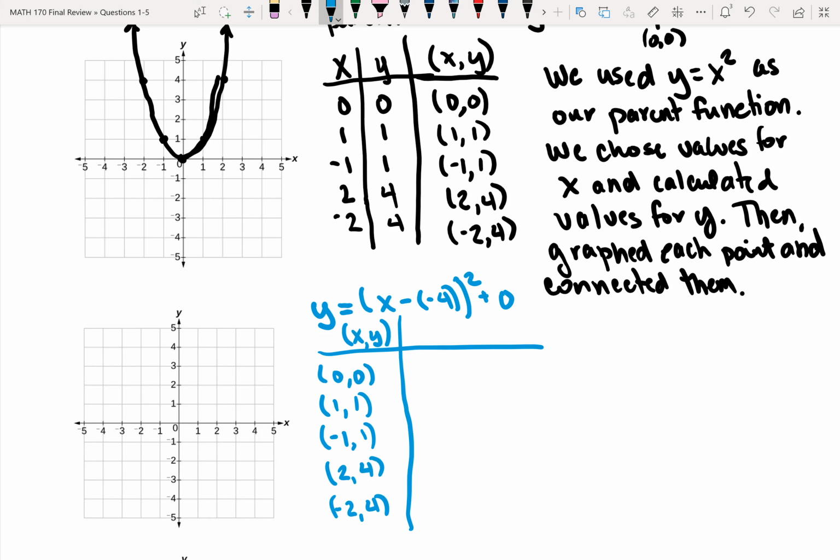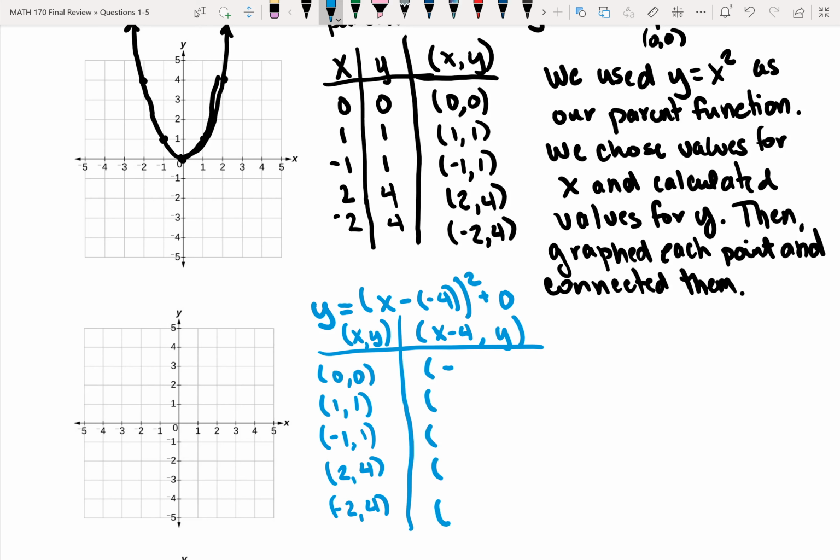Okay, we're shifting our x value. So we're going to move it 4. That means that we're going to subtract 4 from every x value, and we're going to keep our y value the same.